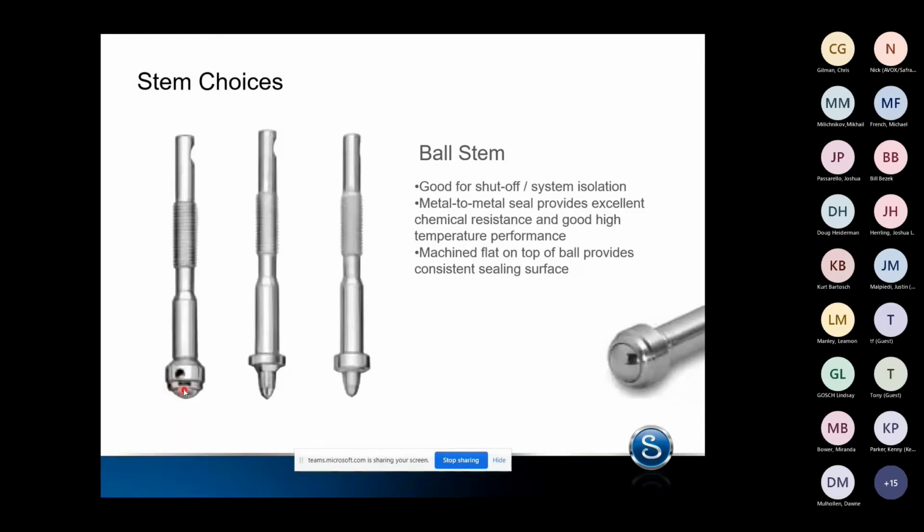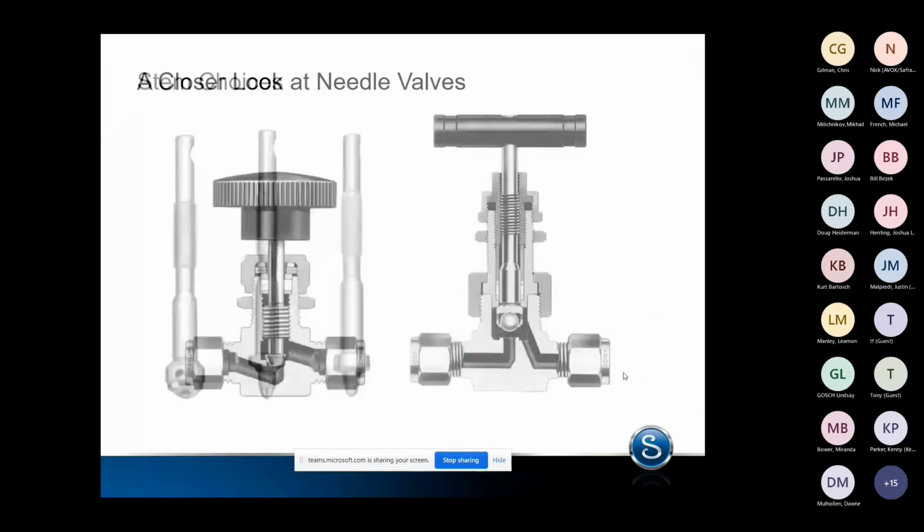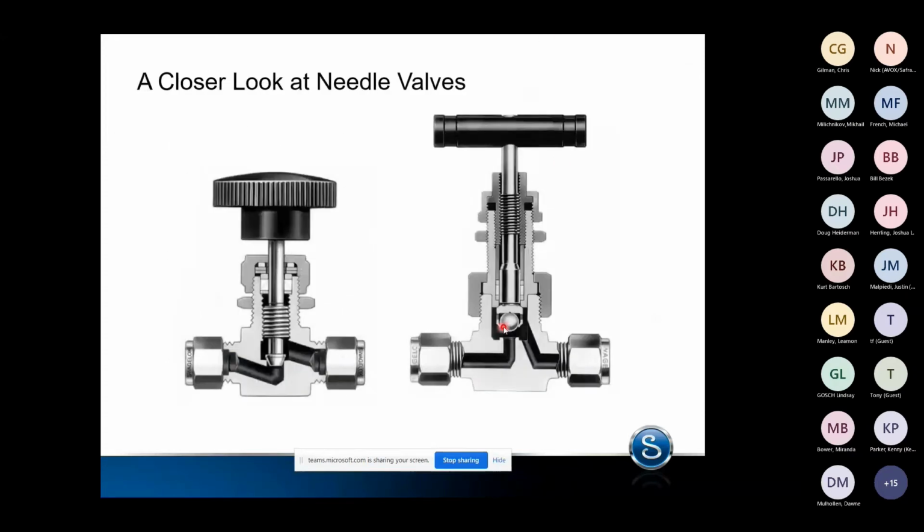This is going to give you that metal-to-metal seat. The ball actually is able to rotate a little bit. So when you're tightening that valve, if we go back a slide here, when you're tightening this handle in here, that ball is able to make a seat and not create a rotational galling force compared to a V stem or a regulating stem tip. So for this, the tip is directly tied to the stem.